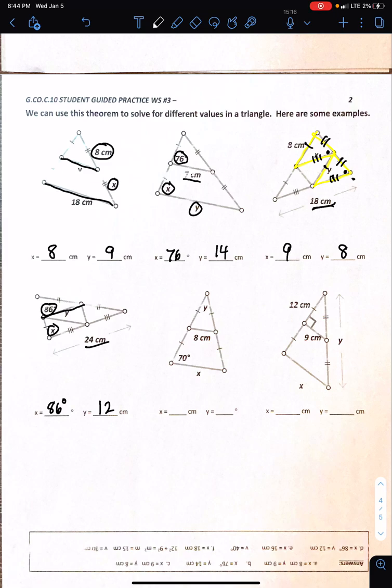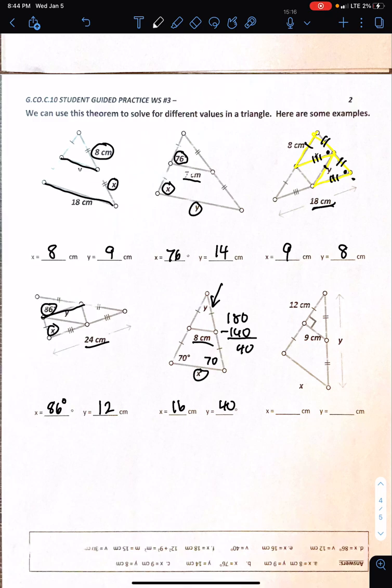So I know that these two base angles are the same. So then we can find y, the vertex angle, which is going to be 180 minus 140, which is obviously 40. And then x is the third side, which is twice the mid-segment, so it is 16 centimeters.